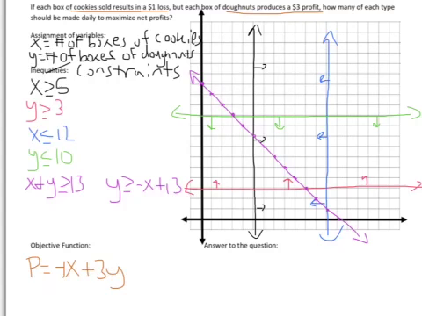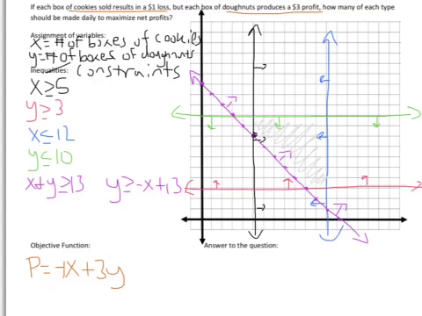Since it's greater than or equal to, I know it's shaded above. So this means I'm going to have this whole area right in here shaded.